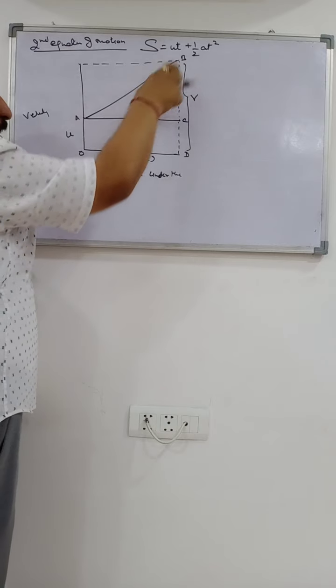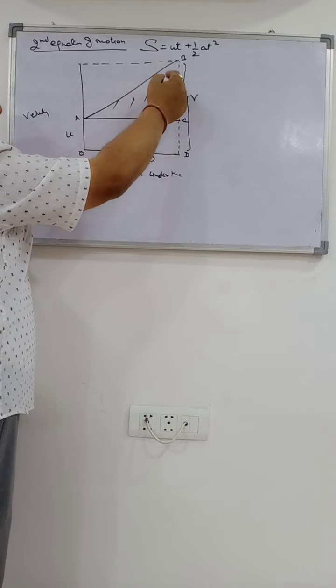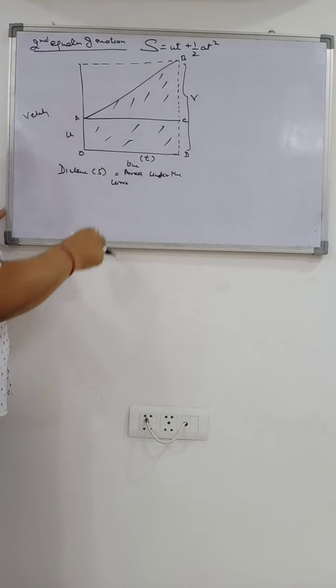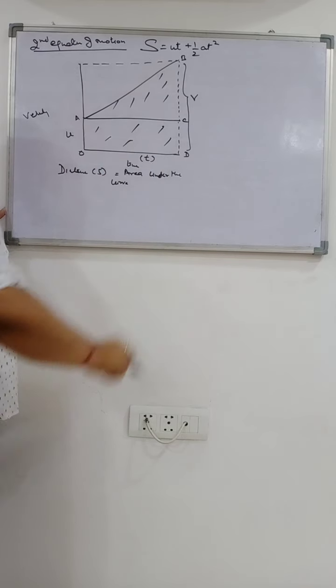We found the slope from here, but the area is this area plus this area, this total area. That means this is equal to the area of triangle plus the area of rectangle.